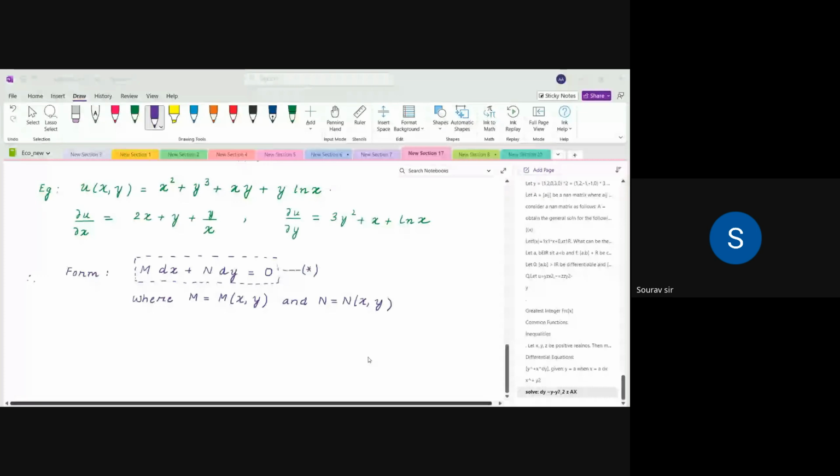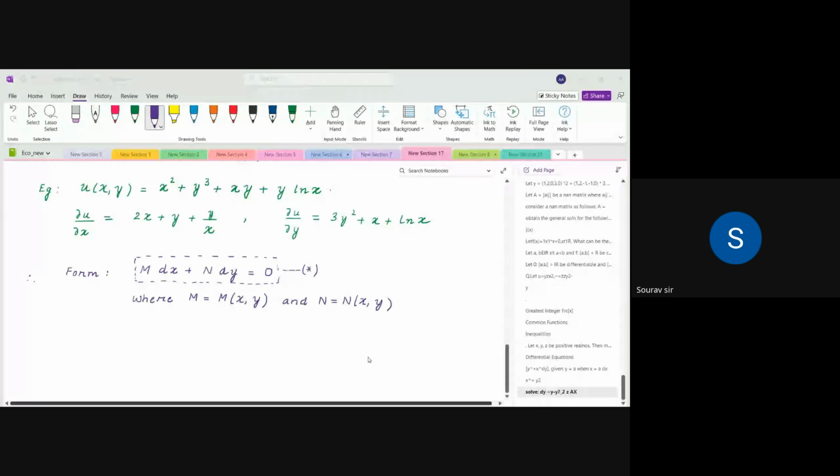So this is a differential equation which you are writing in the form M times dx plus N times dy is equal to 0. All right, where M can be a function of x and y and N can also be a function of x and y. All right.